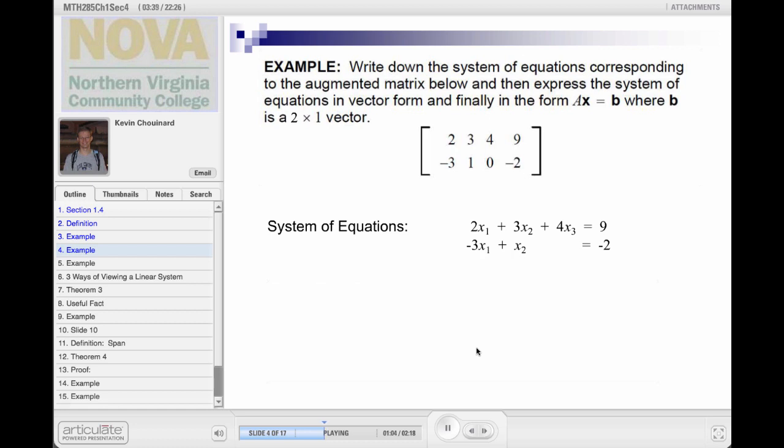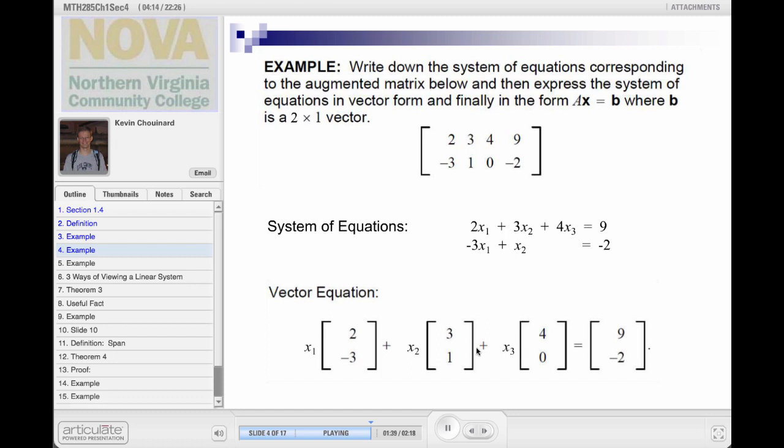And then for the final part here, you have a 9 and a negative 2 in the augmented matrix, and those become the 9 and negative 2 that are on the right-hand side of our system of equations, to the right of the equal sign. Okay, so that's the system of equations. It ends up being 2x sub 1 plus 3x sub 2 plus 4x sub 3 equals 9, and then negative 3x sub 1 plus x sub 2 equals negative 2.